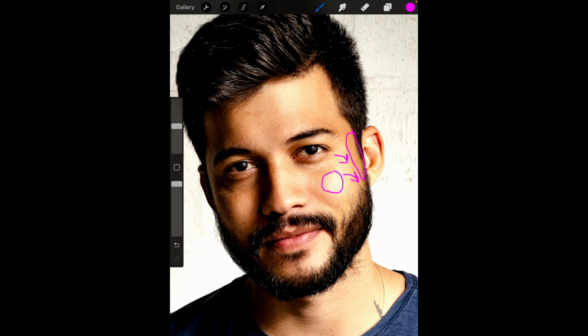And what that's doing is giving us the depth that we talked about, so that this oval shape in the back looks farther away than this highlighted portion of the cheek that is closer to you.